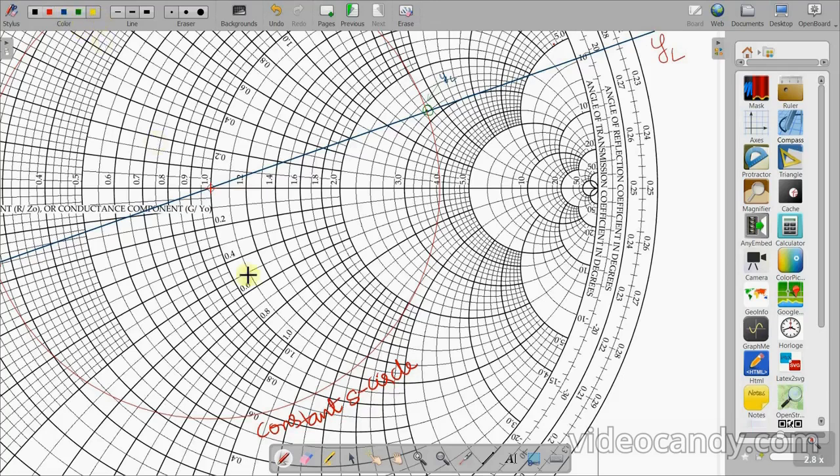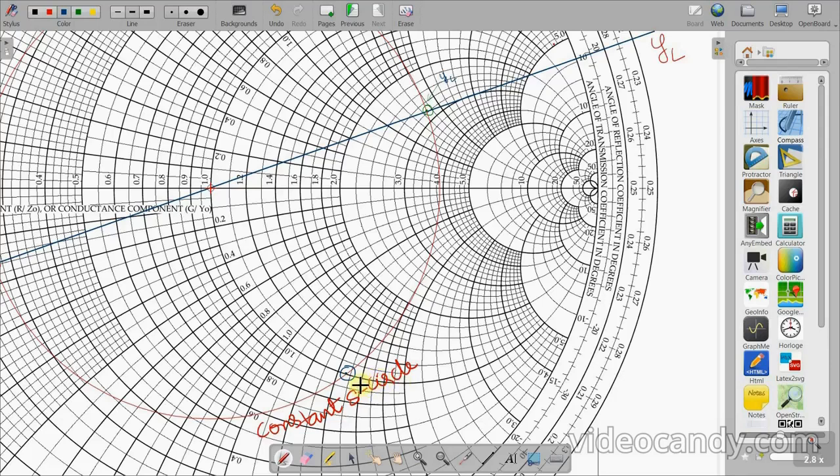So this Yn is marked and has a value of 1 real part and the imaginary part as j1.45, that you can see here.